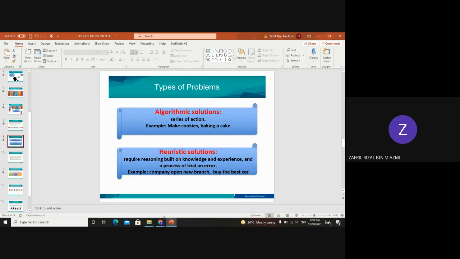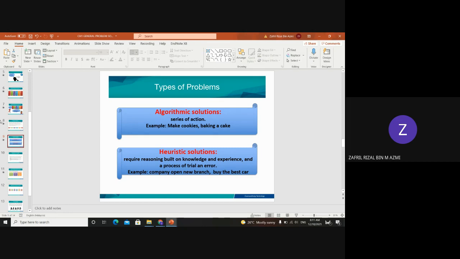Program or apps? Calculator. Yes, correct. Calculator is very simple. It is a straightforward design. You just enter a number, and then you hit the operator button, plus, minus, division. Then you enter the second number, you enter the operator again, you enter the number, and then you get the solution. That one is very straightforward.